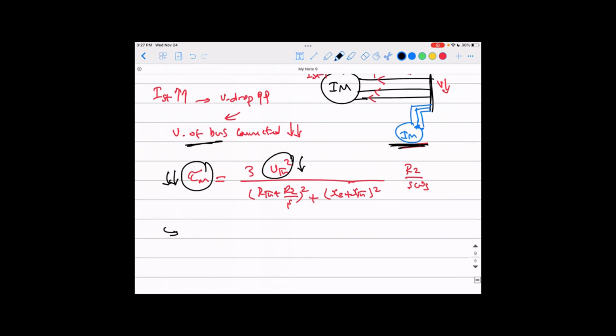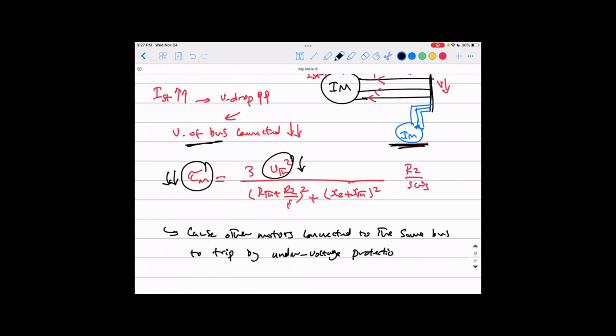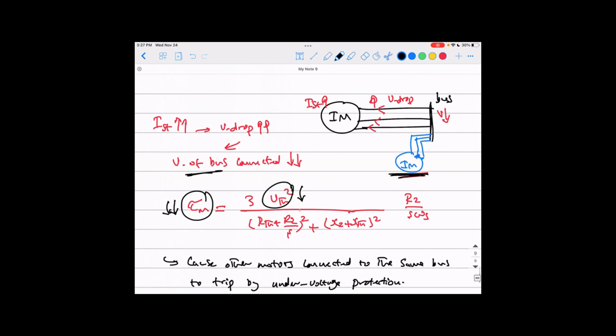Okay, so it may cause other motors connected to the same bus to trip by under voltage protection. So these motors have schemes to protect them against under voltages, and this will just trip those other motors and stop them from working, and that's something not good.